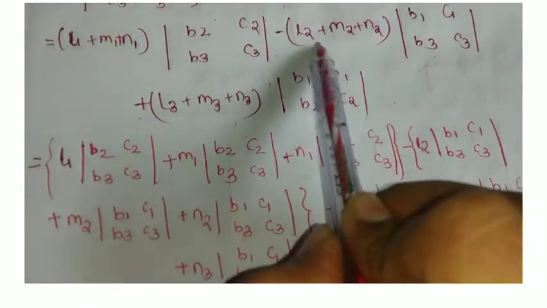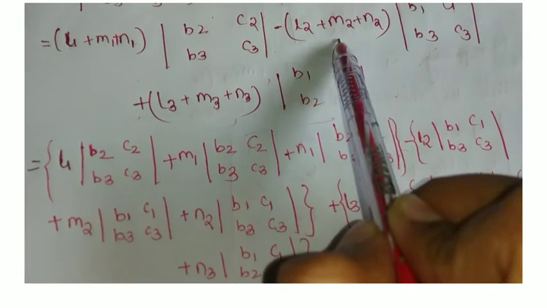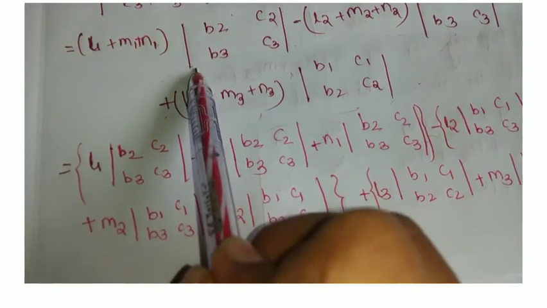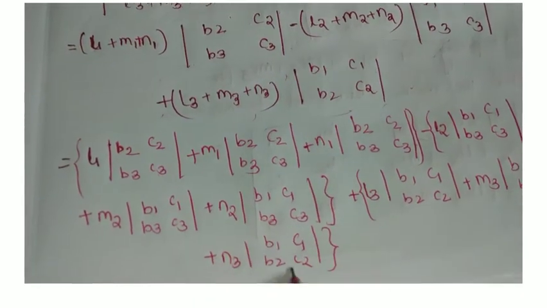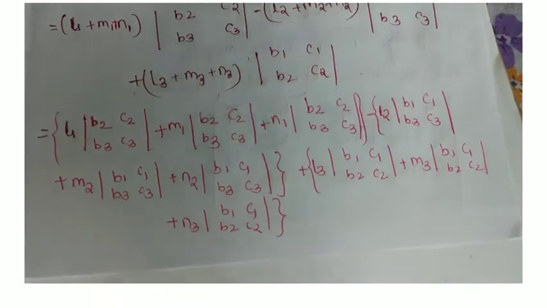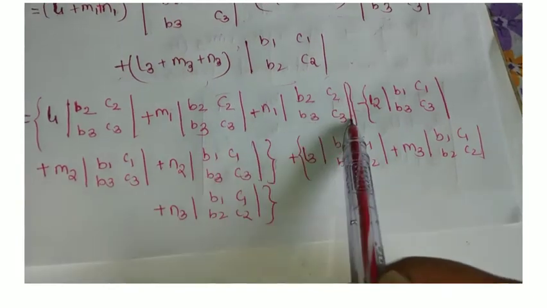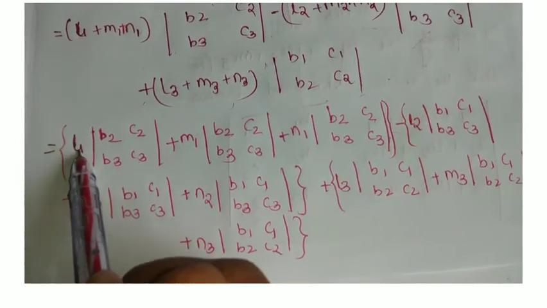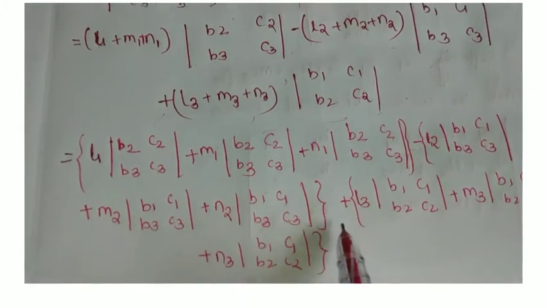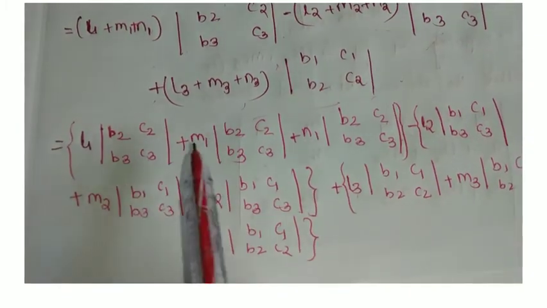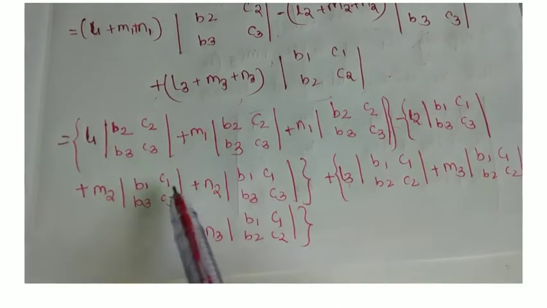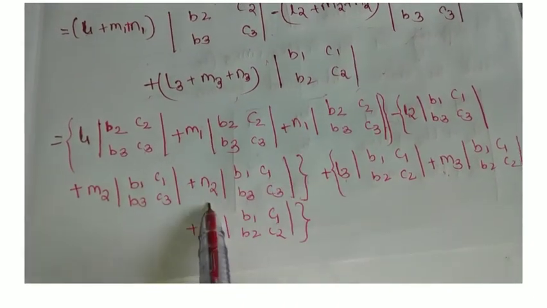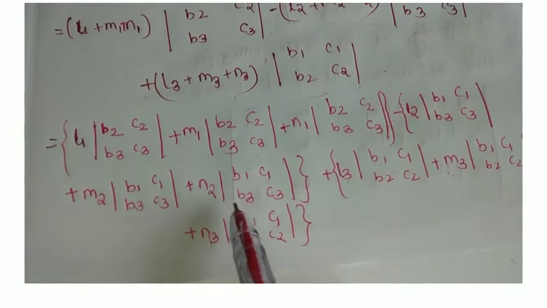Minus, this is also expanded in this way. Then we write these values in order, that is, L1, L2 and L3 on one side, then M1, M2, M3 on one side and N1, N2, N3 on another side.